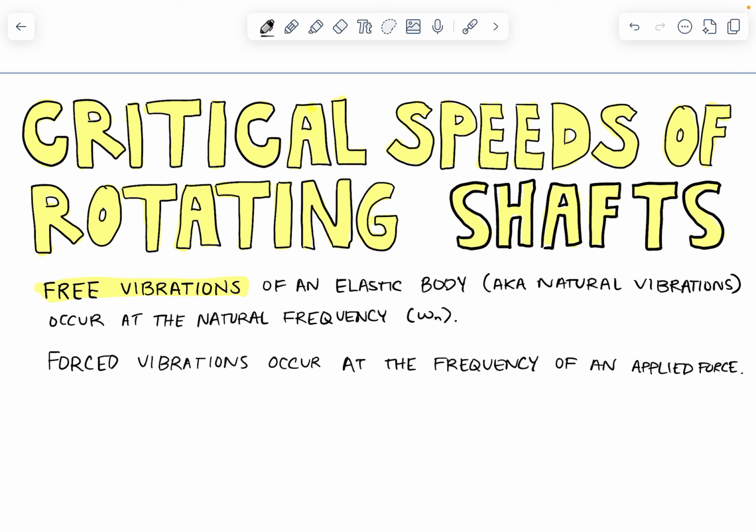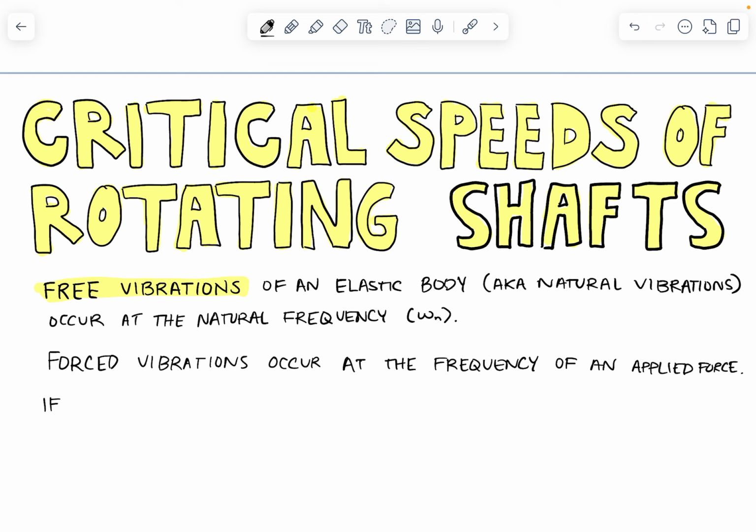So when your phone vibrates in your pocket, there is a motor inside of your phone that is causing an offset mass to move back and forth at a forced frequency, and that's causing that forced vibration of the phone in your pocket.